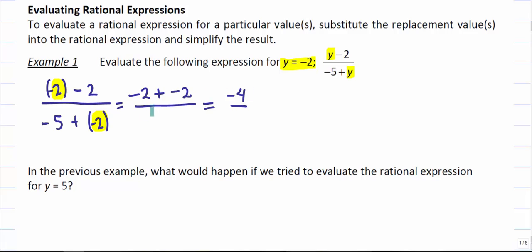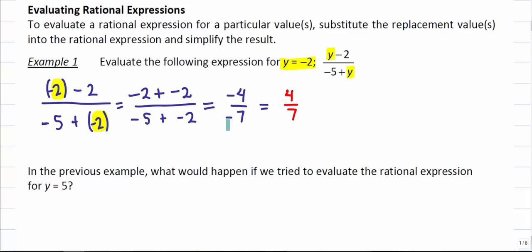That's the numerator. The denominator, I really don't have to do anything with. I'm just rewriting it to see that I'm still adding 2 negatives, so I add and keep the sign. And -4 divided by -7 is just 4 over 7, because those have no common factors, and 2 negatives divided make a positive. So 2 negatives added make a bigger negative, but 2 negatives multiplied or divided make a positive.